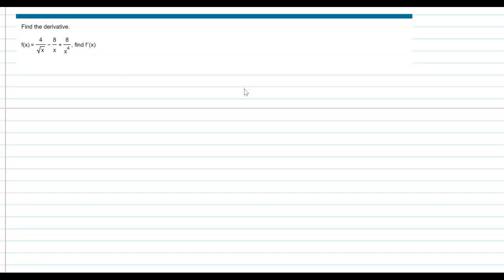So it looks like we would need to write this of the form cx to the n, because we know that the derivative with respect to x of cx to the n is just equal to cn times x to the n minus 1.